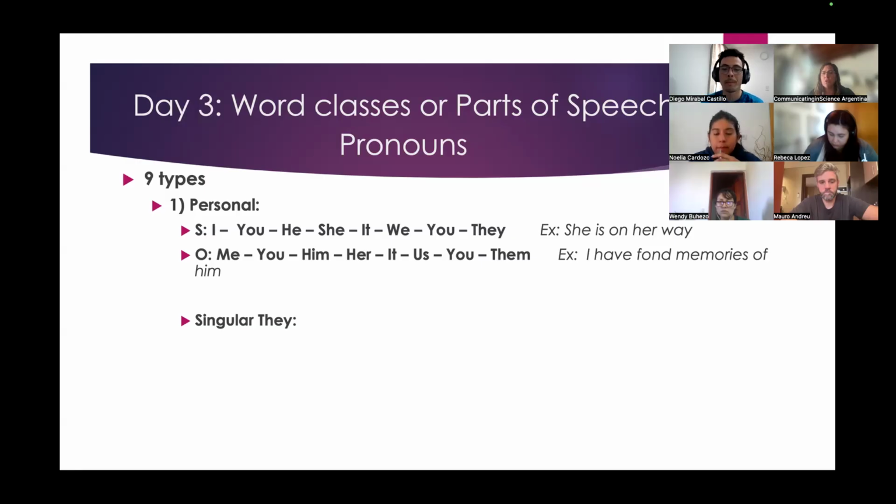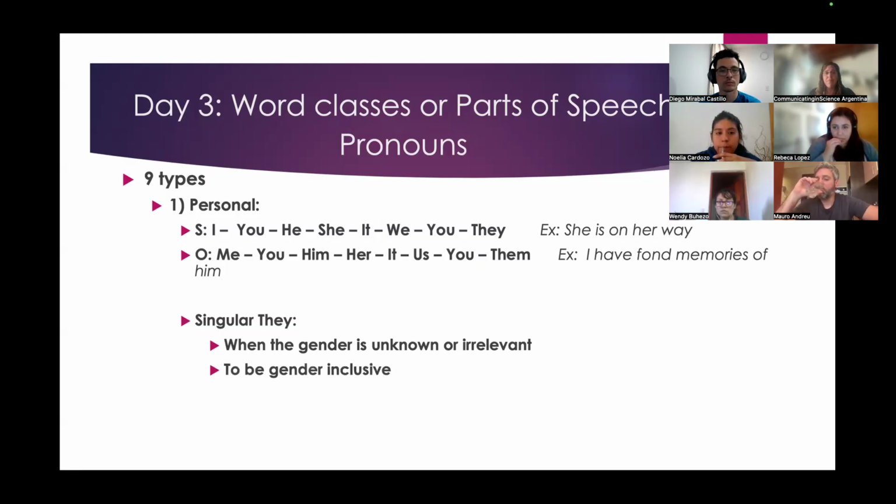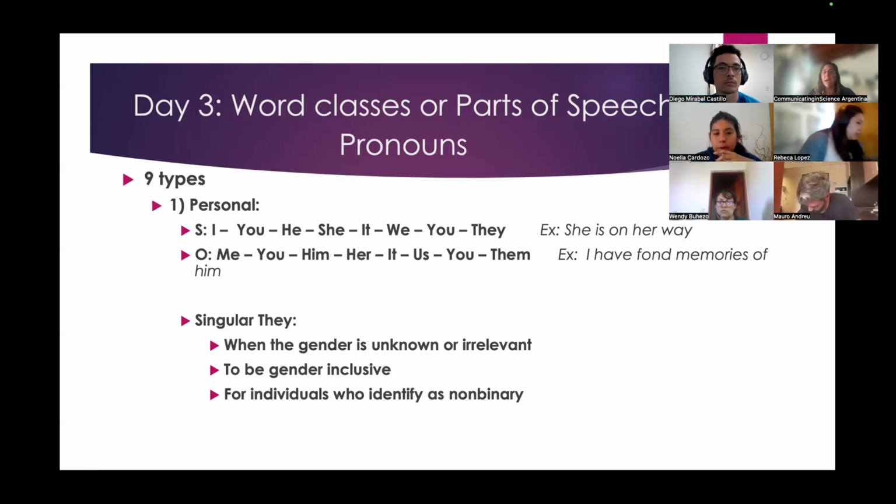This is used also for non-binary language when the person is identified as non-binary, or when I don't know the gender or it's irrelevant. I don't care if it's a she or a he. It can be a they. Well, to be gender inclusive for individuals that identify as non-binary.